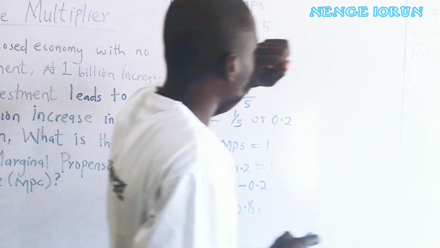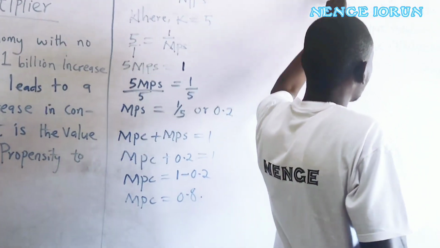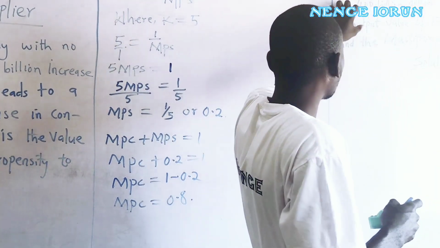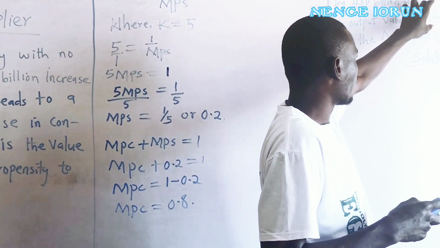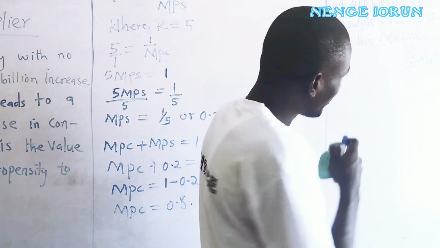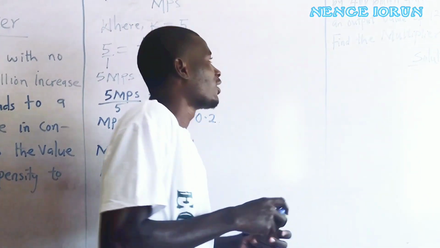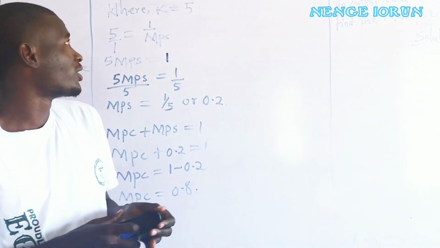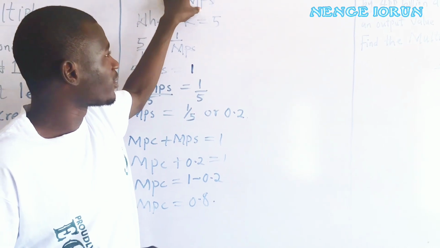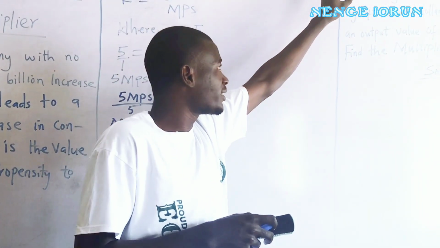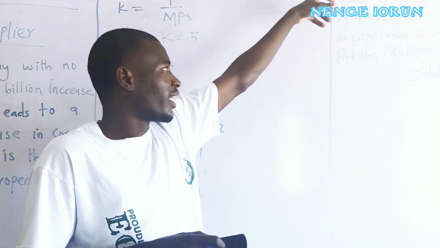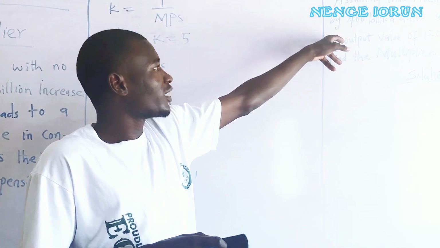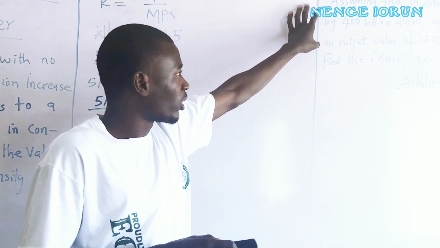The next question is, assuming that investment increases by $400 billion, and this causes an output value of $1,200 billion, find the multiplier. Now in this question, you are not going to use this formula because the question is talking about an increase in investment and a change in the total output or national income. So there is a formula for this particular question.